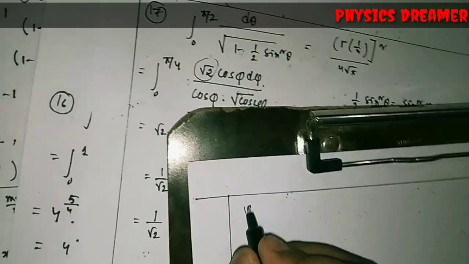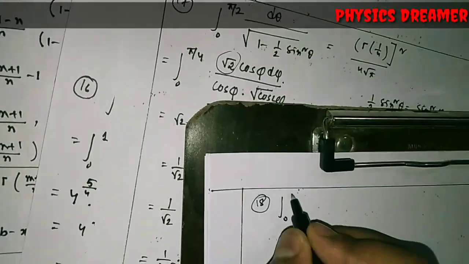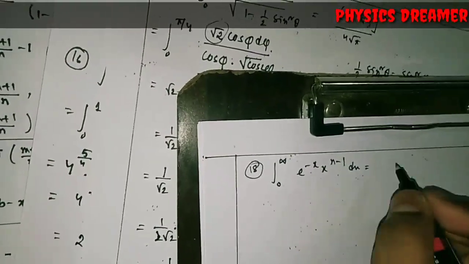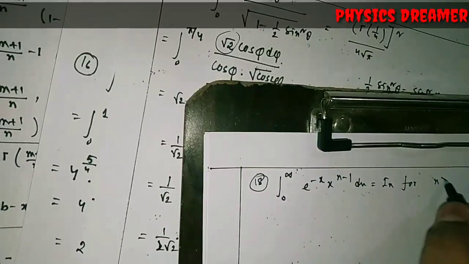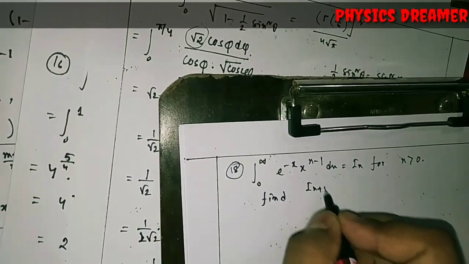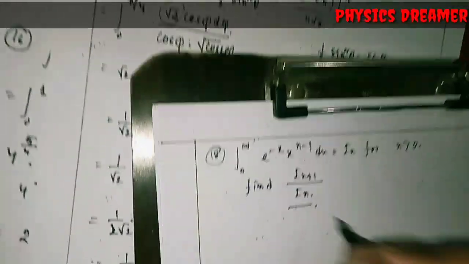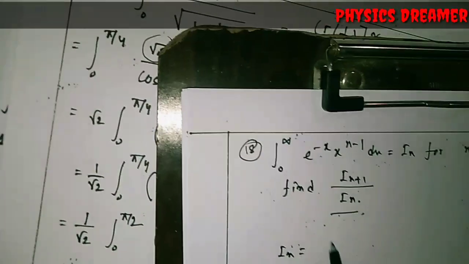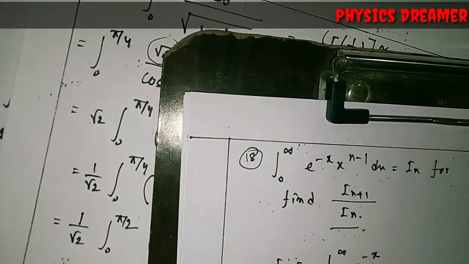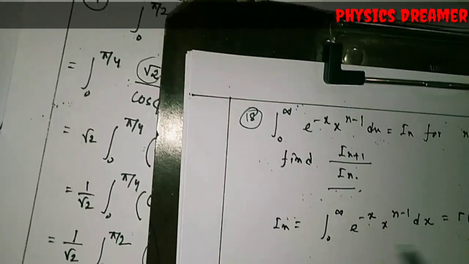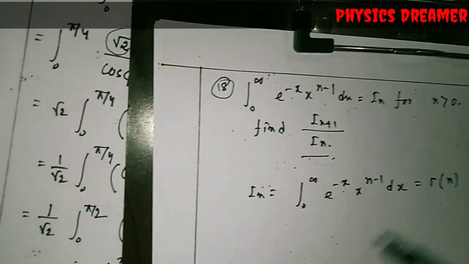And next problem 18. Here we can see that integral 0 to infinity e to the power minus x, x to the power n minus 1 dx equals I n, for n greater than 0, and I have to find I n plus 1 by I of n. Okay, so it's very easy, because if I consider I n equal to 0 to infinity e to the power minus x, x to the power n minus 1, it is the equation of gamma function.